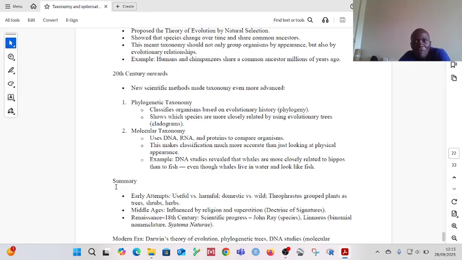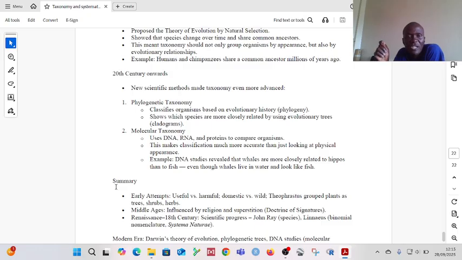Sasa hapa hauangalii tu appearance. You don't just look at what a particular organism has, but you compare beyond. You go to the molecules, you go to the DNA, you go to RNA, you go to protein, and compare at that level. So, through phylogenetic taxonomy, through molecular taxonomy, we've been able to refine taxonomy.